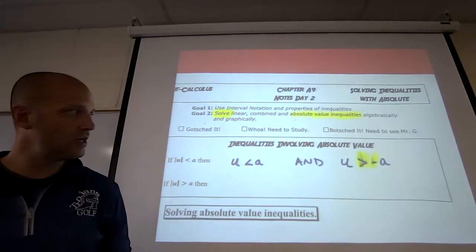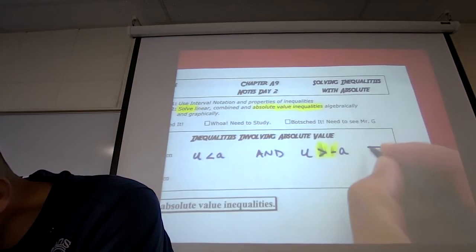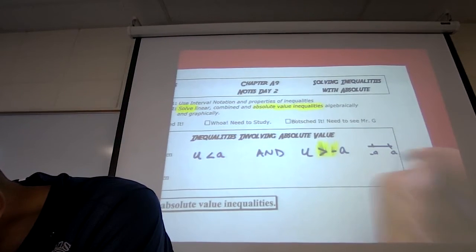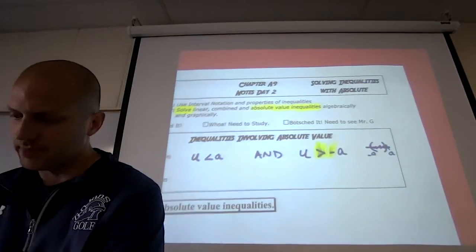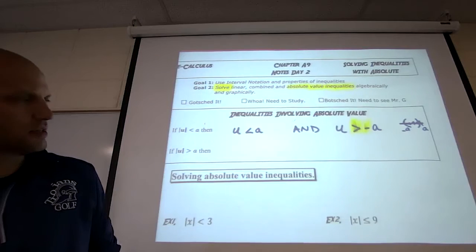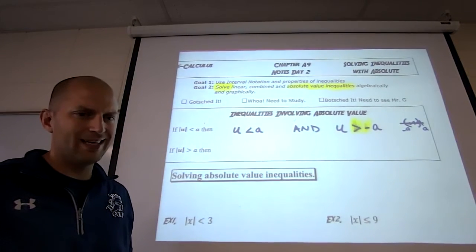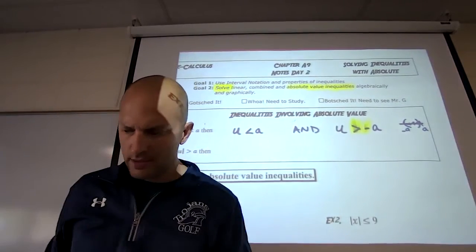So this is going to be an and inequality, and you will see that it is always graphed here's negative a, here's a, and it'll be graphed and shaded towards each other. So anytime we have a less than or equal to absolute value inequality, it is an and. The shading will go thumbs in, okay?